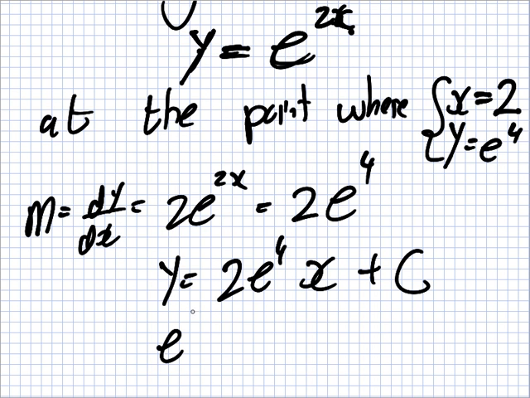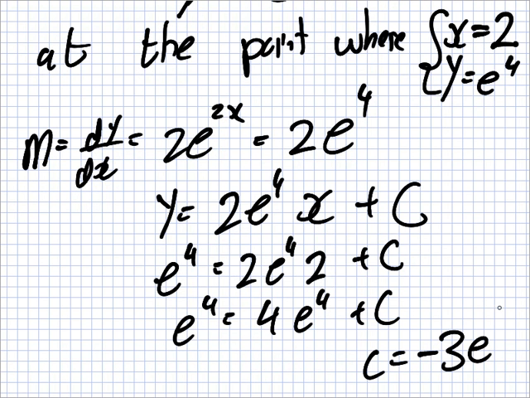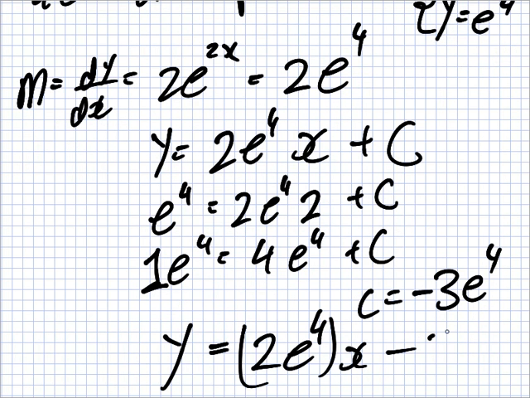So it's e4 equals 2e4 times 2 plus c. So that's e4 equals 4e4 plus c. So c would equal minus 3e4, because it's like you have one of them here and you remove 4 of them. So y equals 2e4 x minus 3e4. That's the answer here.